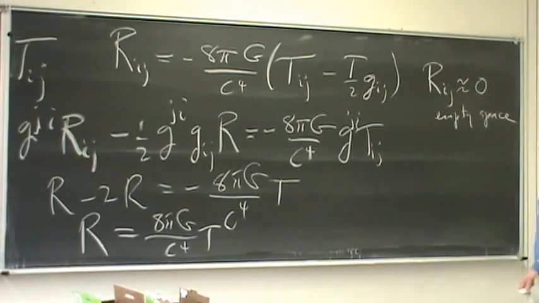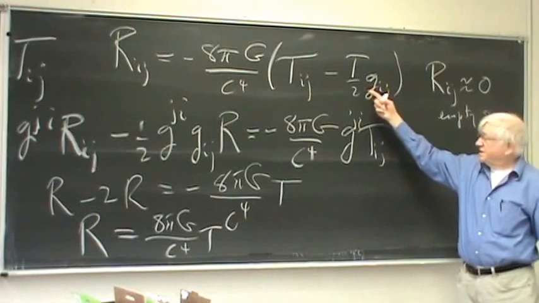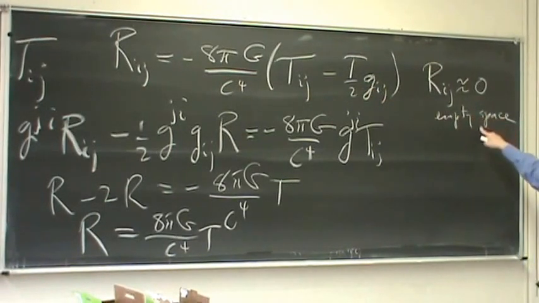But if we have dark energy, then there's another term due to this, but the dark energy density is very small compared to the local density of a star or a planet and so forth.